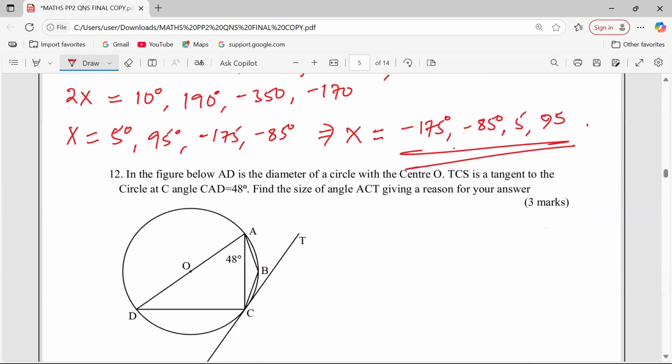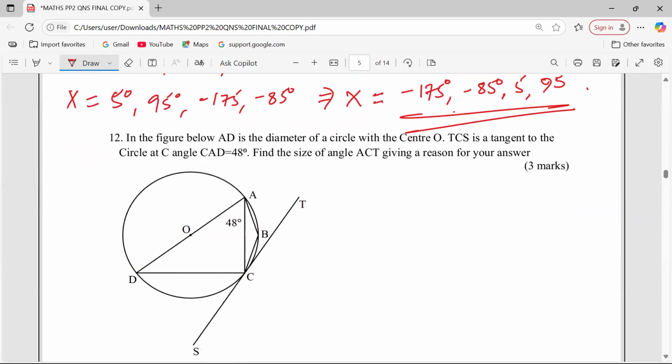Number 12. In the figure below, AD is the diameter of the circle with center O. TCS is a tangent to the circle, as we can see, and the angle CAD is 48, just as indicated.